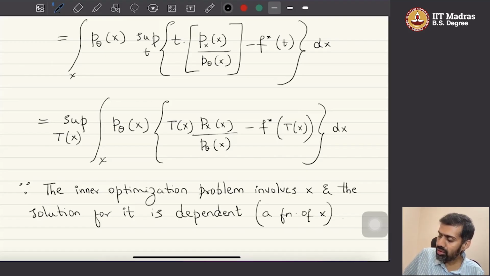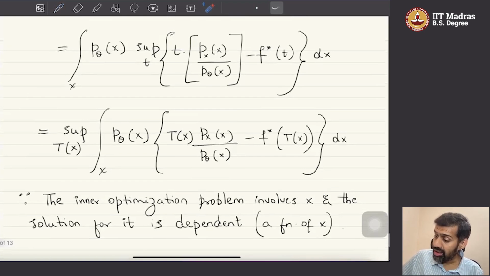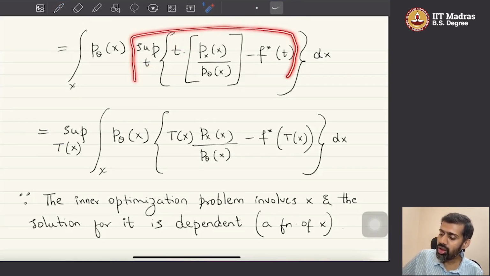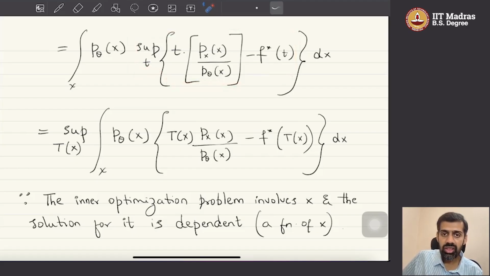I'll reiterate what we just did. This t was a scalar that we were optimizing over. Suppose you solve this inner optimization problem with respect to t; you will get some solution for it. That solution is a function of x, because the objective function for this inner optimization problem involves x.